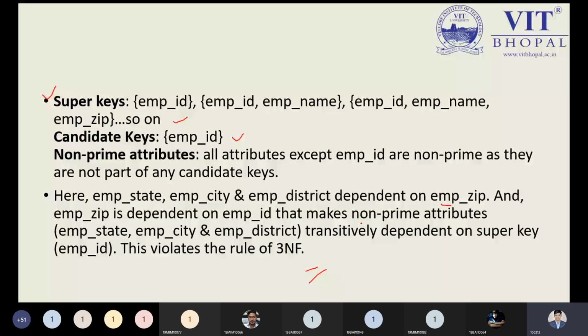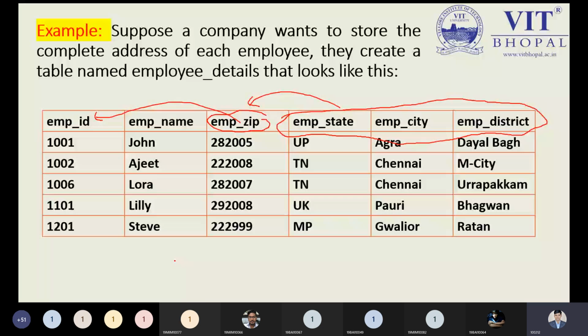Prime key means an attribute which has uniqueness in the entire domain, like only the employee ID. That is the attribute which belongs to the prime attributes, meaning key attributes.